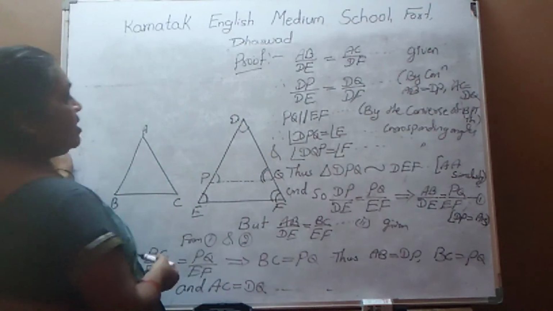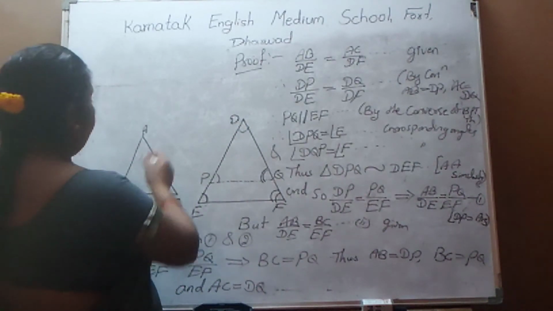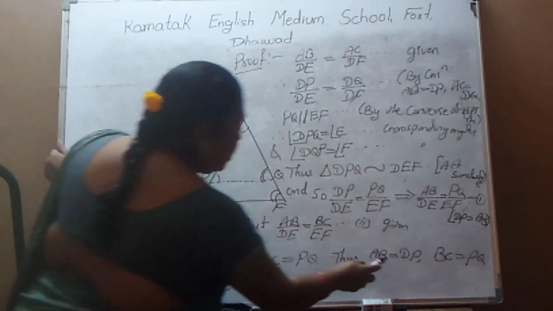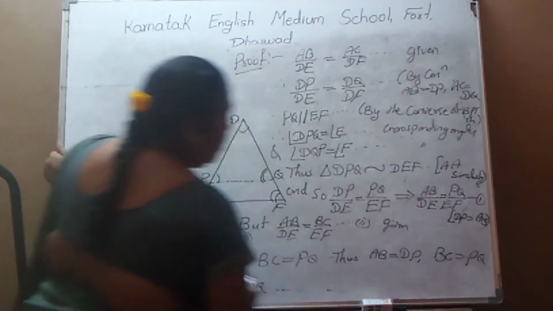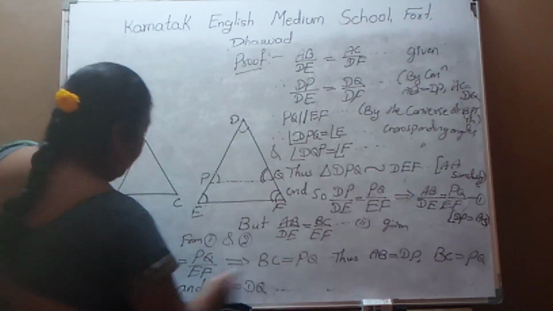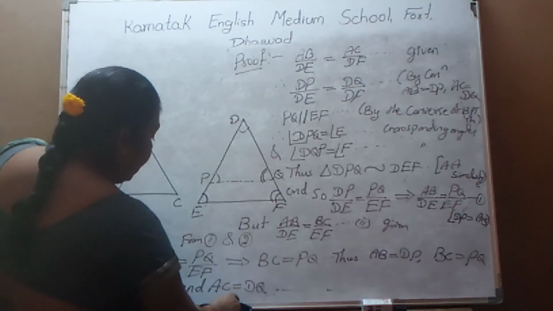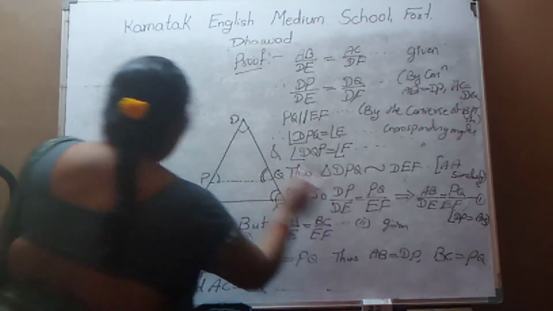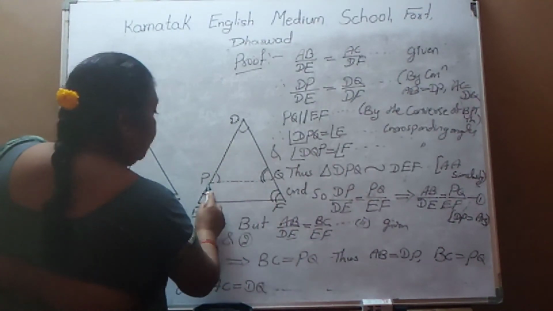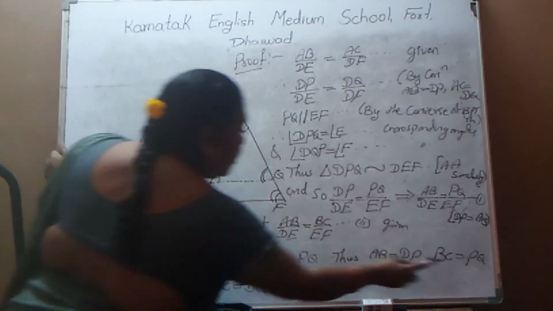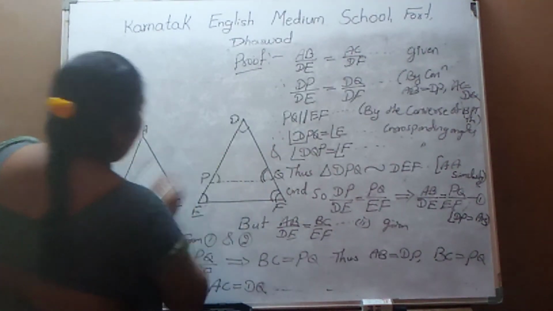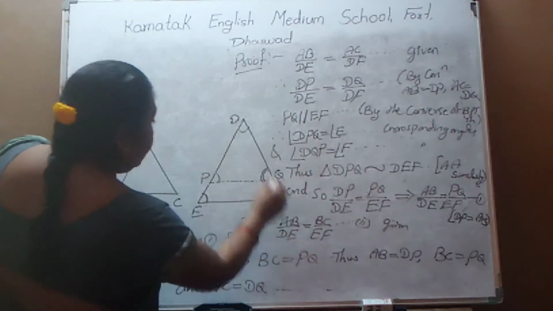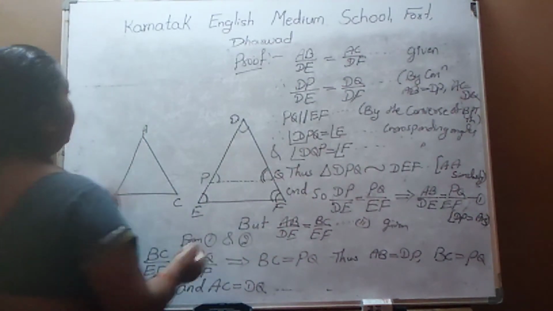These two triangles are congruent. So all the sides: AB equal to DP, BC equal to PQ, and AC equal to DQ.